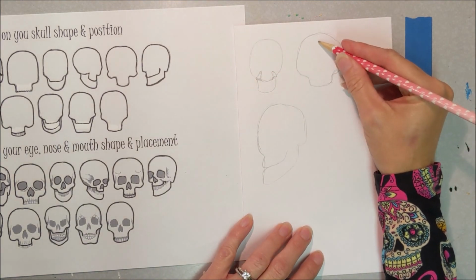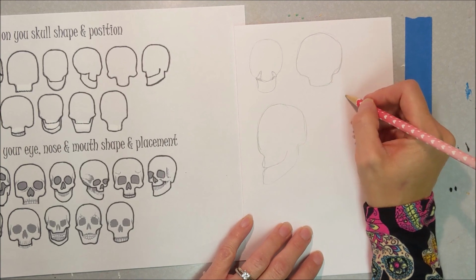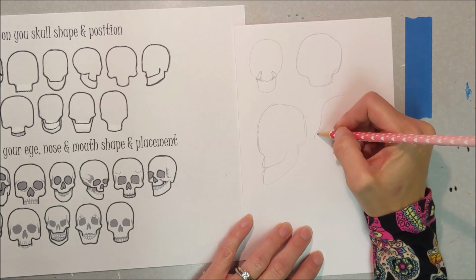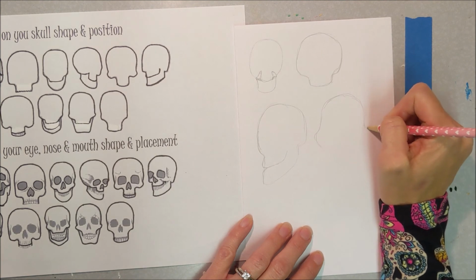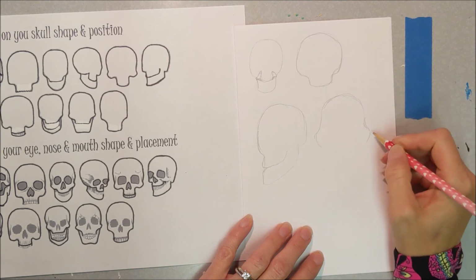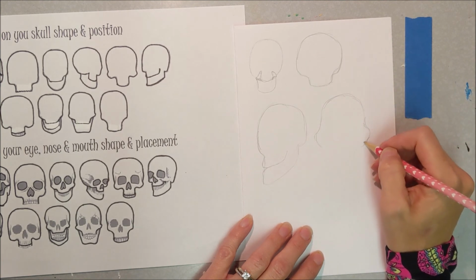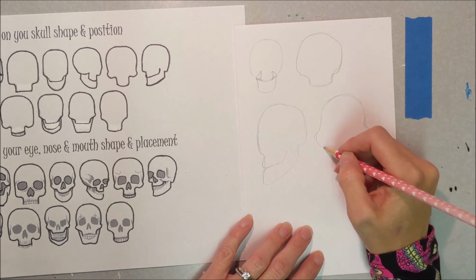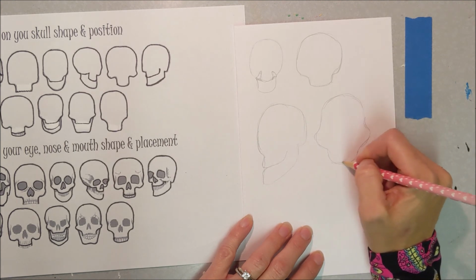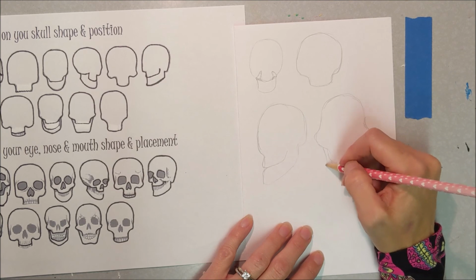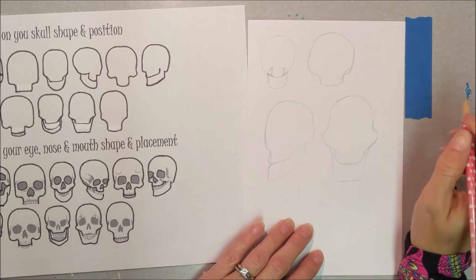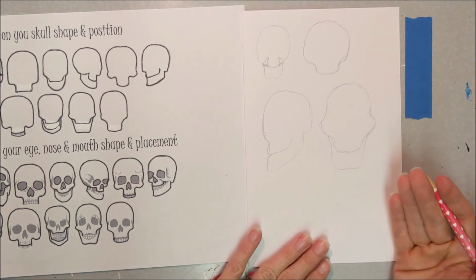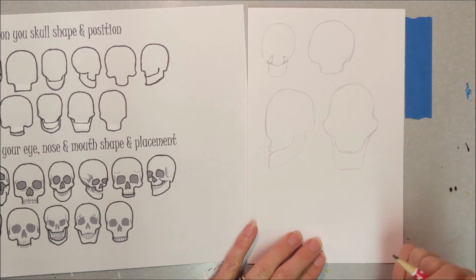I'm not a big fan of this one. I might make it so that the bones are a little bit more defined. More of a square jaw. Okay, so these are my outline, my thumbnail sketches.